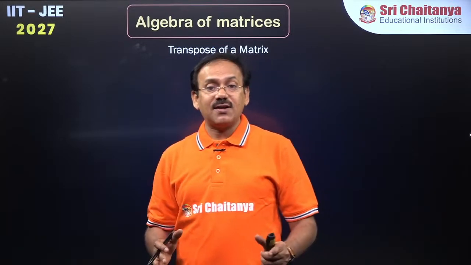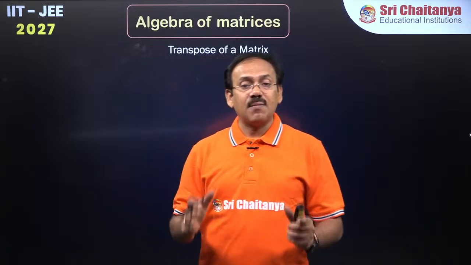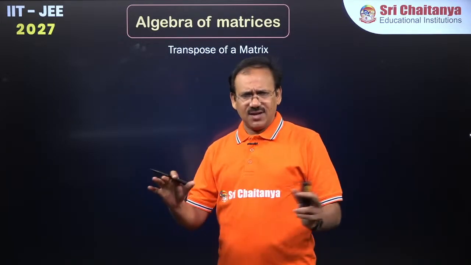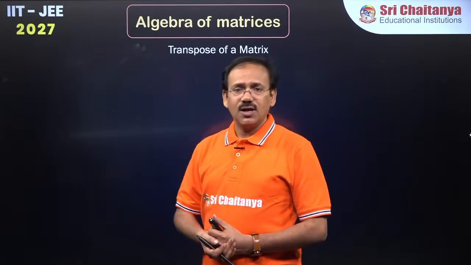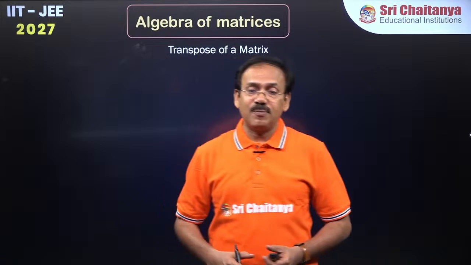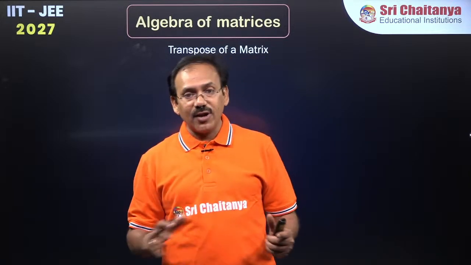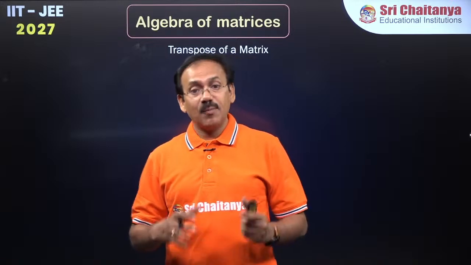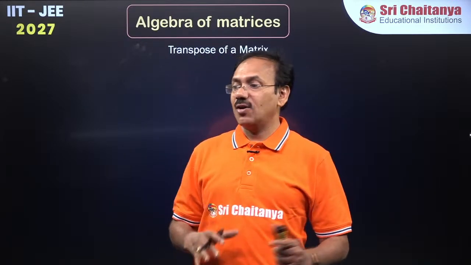For a square matrix, trace is the sum of all elements in the principal diagonal. We'll discuss that trace, don't worry. Chalo, coming to today's lecture. And one more important point: in matrices, order axioms are not defined. That means big matrix, small matrix, positive matrix, negative matrix are meaningless.